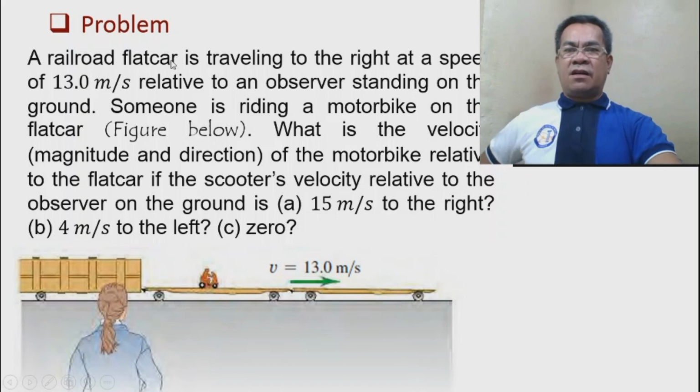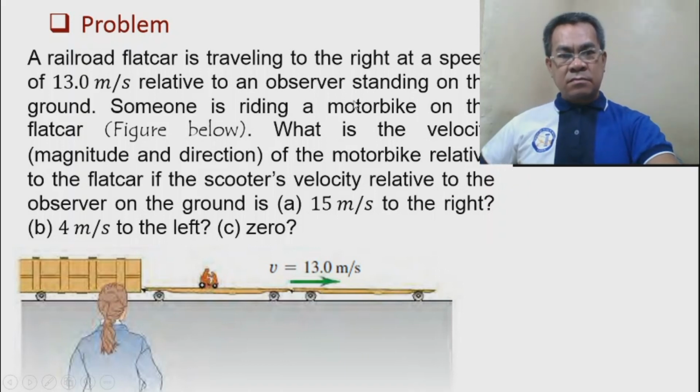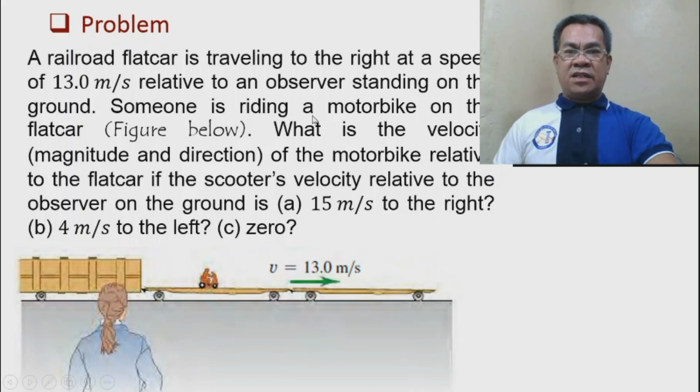A railroad flat car is traveling to the right at a speed of 13 meters per second. This is relative to the observer standing on the ground, so this is from Earth, and this is the observer. Someone is riding on a motorbike. So this is the flat car, and we have this motorbike.